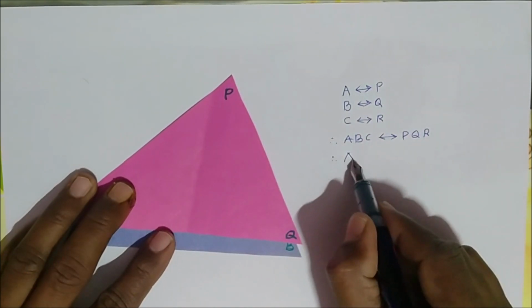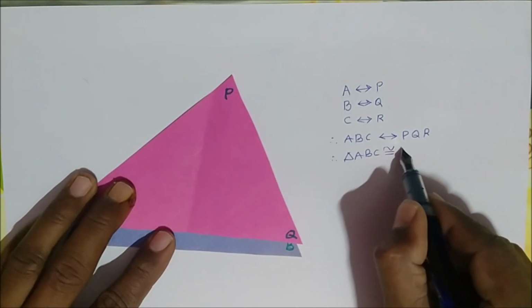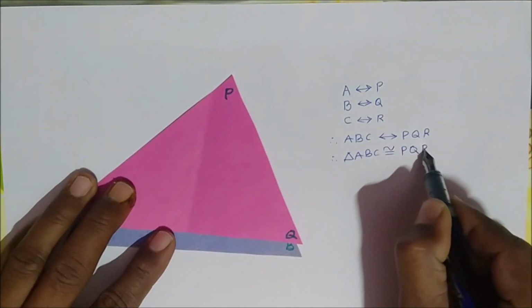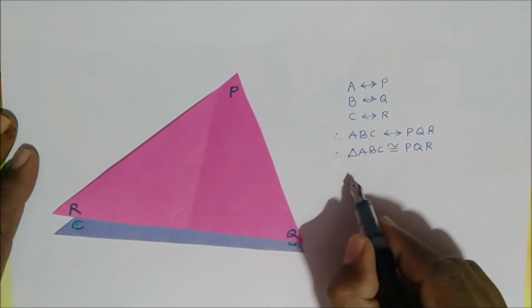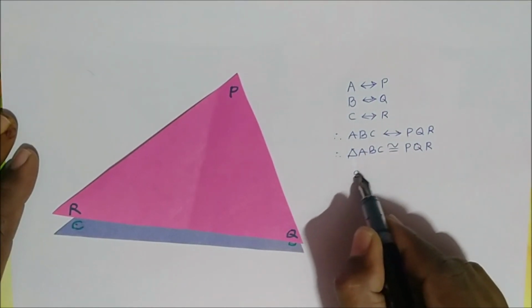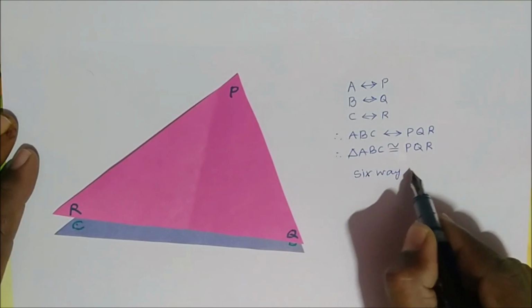Therefore, triangle ABC is congruent with triangle PQR. This one-to-one correspondence can be written in 6 ways.